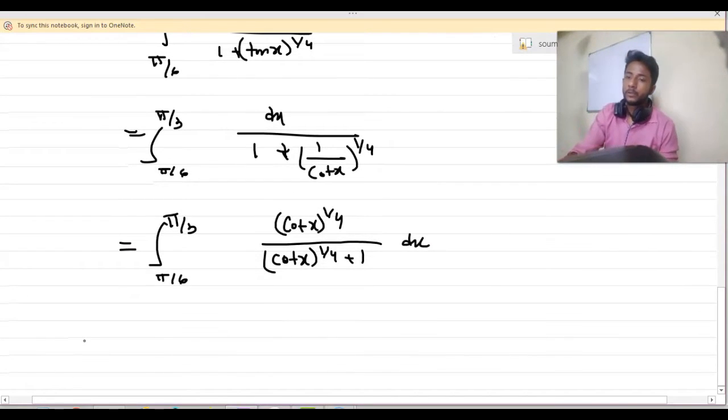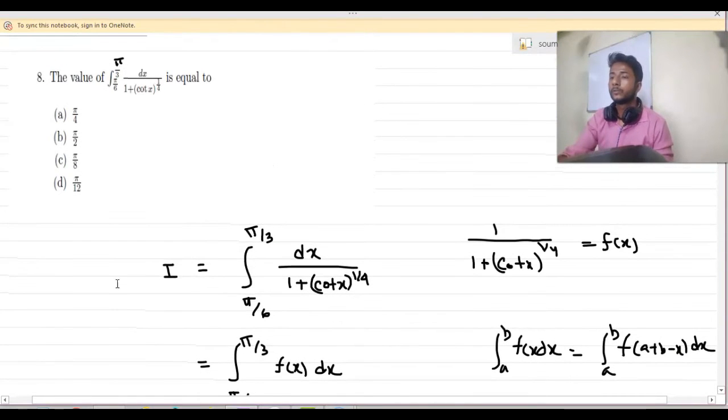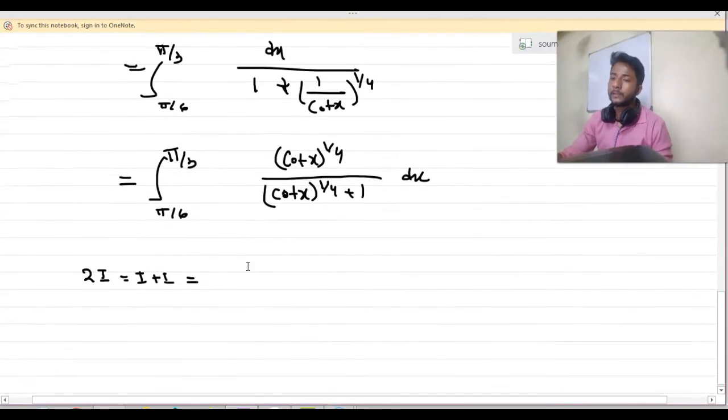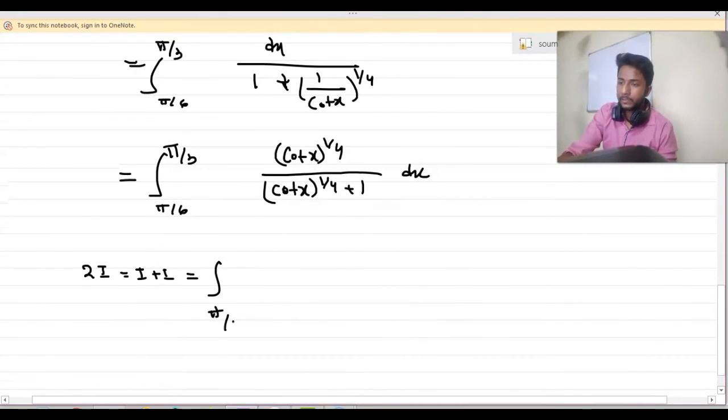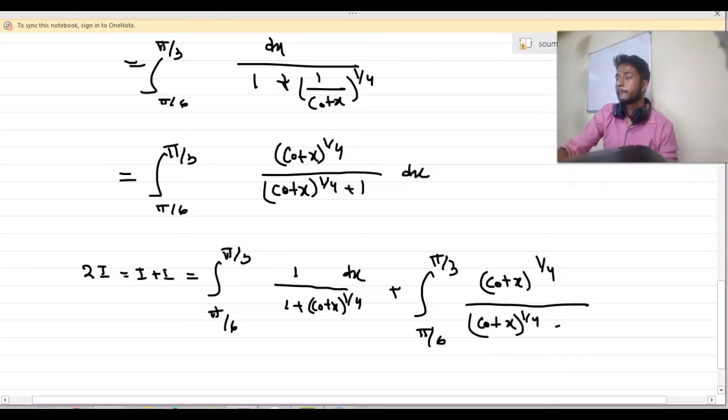Now 2I is equal to I plus I. In the first I we are using this value: integration pi by 6 to pi by 3 1 by (1 plus cot x) whole to the power 1 by 4 dx, plus in the second I we are using this value: pi by 6 to pi by 3 (cot x) to the power 1 by 4 by ((cot x) to the power 1 by 4 plus 1).